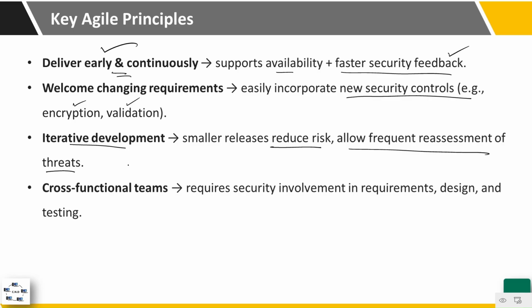In waterfall, we deliver the big final product at the end, while in the Agile model, we have an iterative development methodology where we release small updates frequently. Cross-functional teams require security involvement in the requirements, design, and testing.